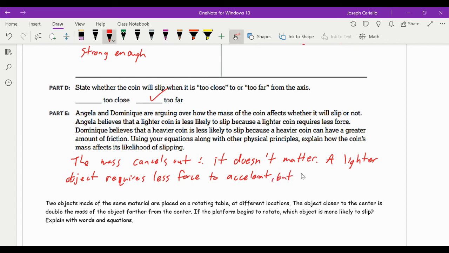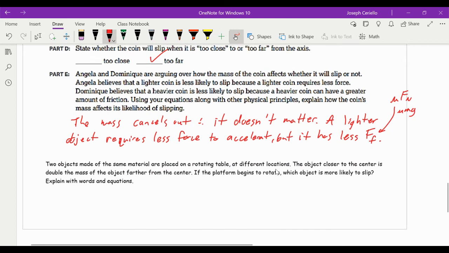But it has less force of friction, because we know the force of friction is equal to mu times the normal force, or mu mg. So if m gets smaller, the force of friction is smaller. It works the other way. A heavier object requires more force, but that object's going to have more force of friction. So the mass ends up canceling out, as we saw in the equations.